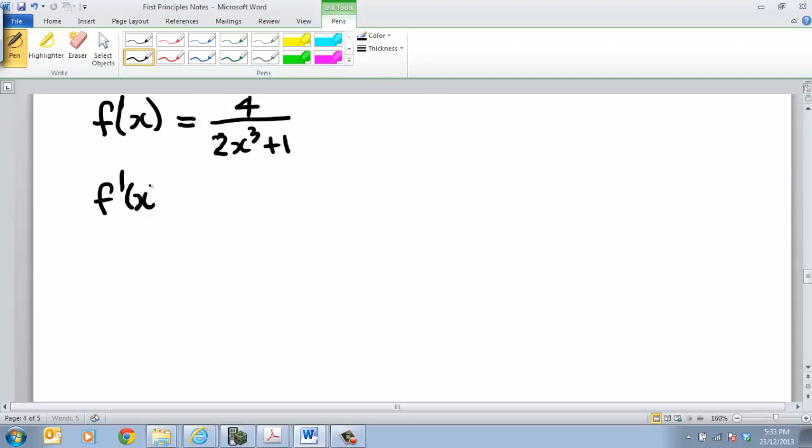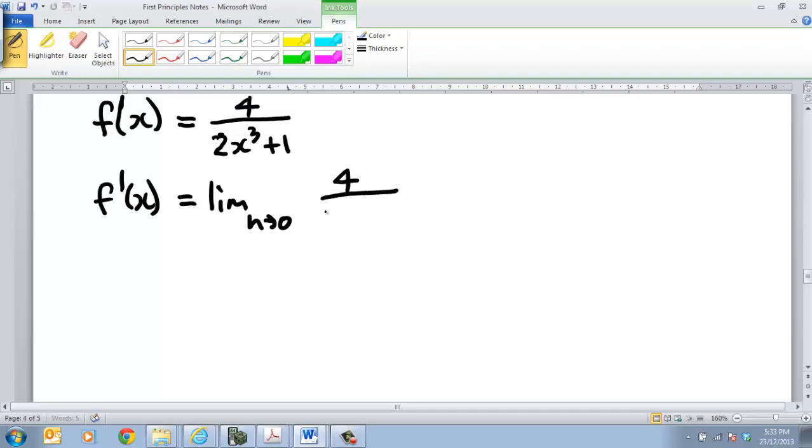Alright, so if we're going to do this one, we do exactly the same process. F dash of x equals the limit, so h goes to 0, of our f of x plus h. So where I see my x, I put an x plus h, so that's 2x plus h cubed plus 1.